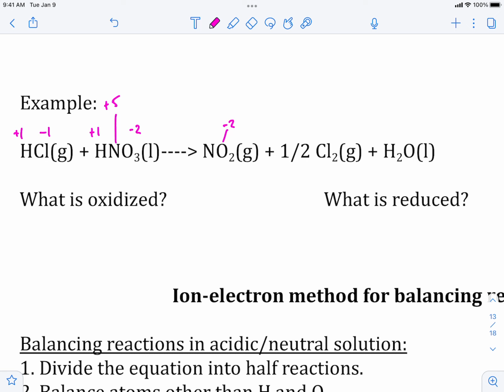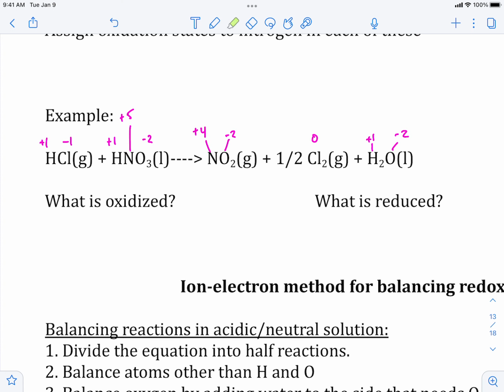Oxygen is -2 each. Remember, you only write the charge per atom. Yes, I recognize there's 2 of them. What is the oxidation number of nitrogen then? 4, correct. All right. A coefficient of 1/2 does not change what the charge is. This chlorine is all alone, so it's 0. And then in water, +1 and -2.